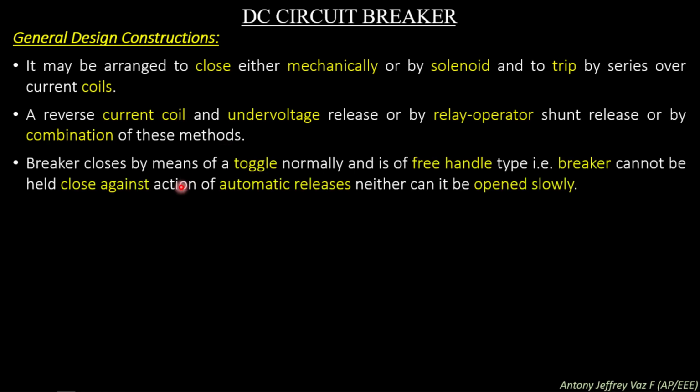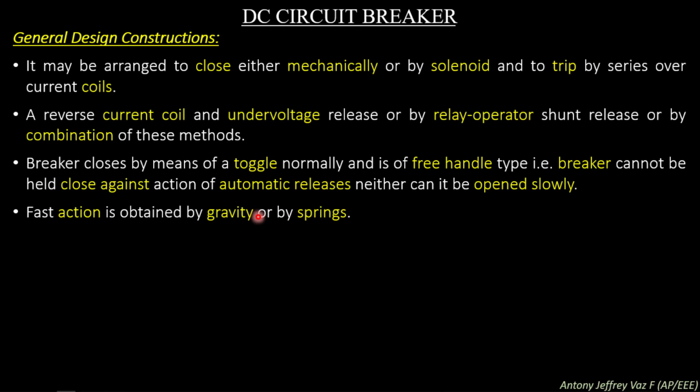Breaker closes by means of a toggle manually and is of free handle type. That is, the breaker cannot be held closed against the action of the automatic release, neither can it be opened slowly. Fast action is obtained by gravity or spring.